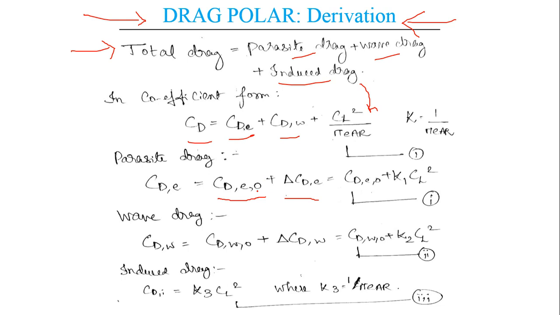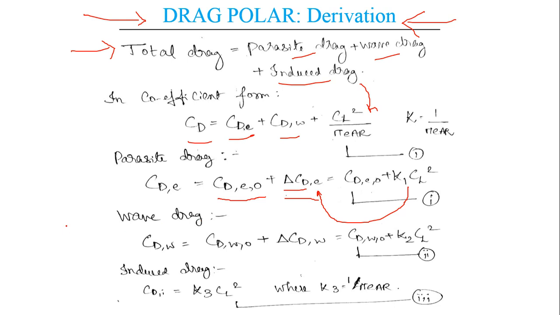That is, this is not influenced by lift. And next we have the drag which is influenced by lift. Here we can see the delta sign, that is the changing parasitic drag. When we further simplify it, we can write it as CD e comma 0 plus K CL square. K CL square is nothing but the value of the change in drag due to lift.